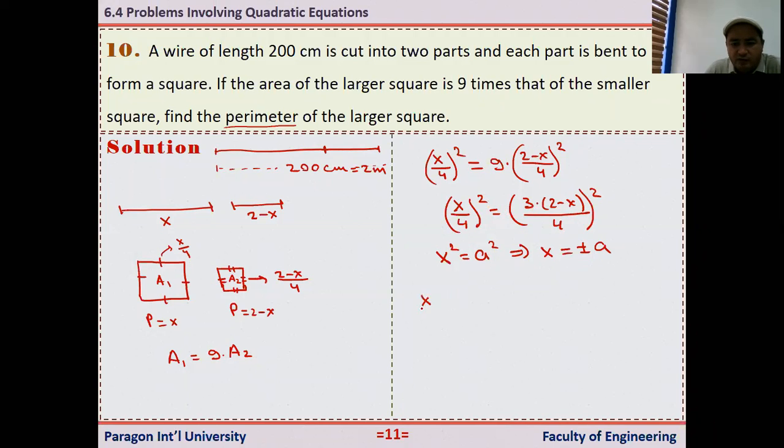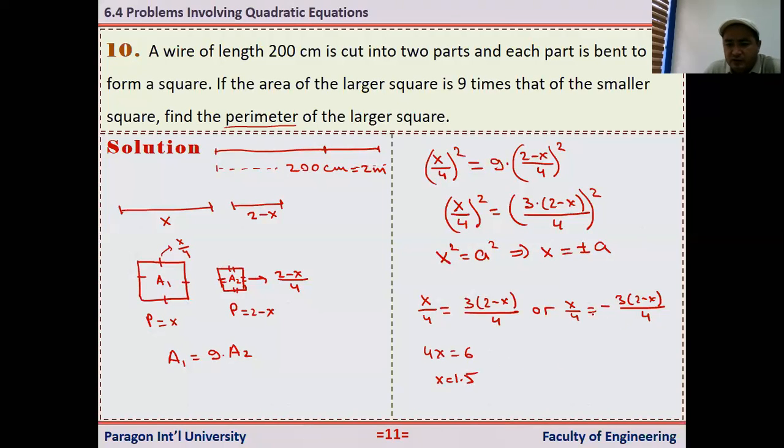That means this x over 4 is equal to 3 times 2 minus x over 4, or this x over 4 equals minus 3 times 2 minus x over 4. Okay. If you solve this, 4 cancels each other. This is 6 minus 3x, take to the left-hand side. 4x equals 6, x equals 1.5.